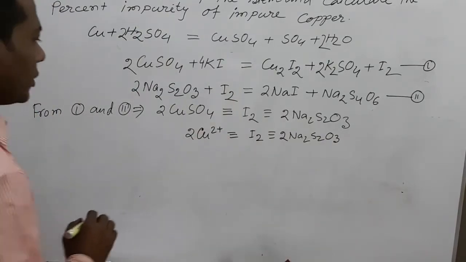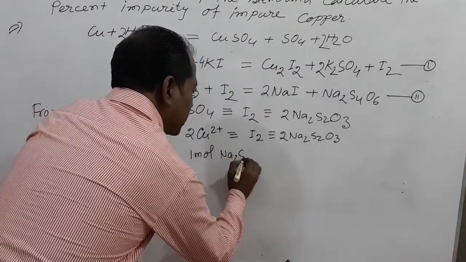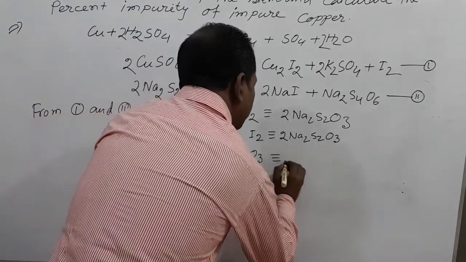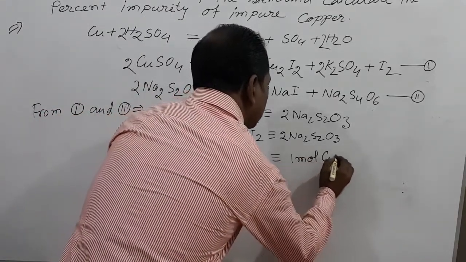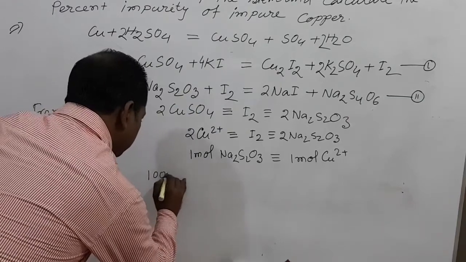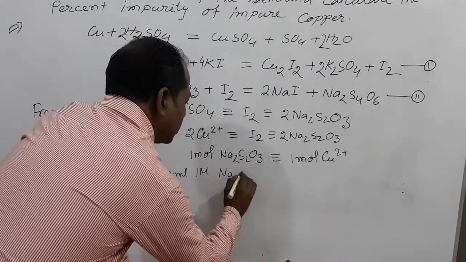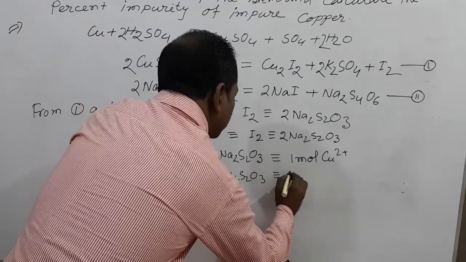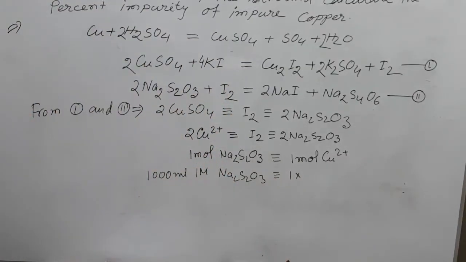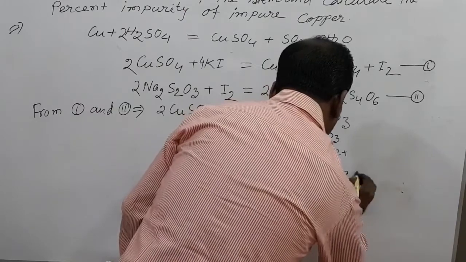So now we can write 1 mole sodium thiosulfate is equivalent to 1 mole copper 2+, and that's why we can write 1000 ml of 1 molar sodium thiosulfate Na2S2O3 is equivalent to 1 into the mass of 1 mole copper, 63.54 gram copper 2+.